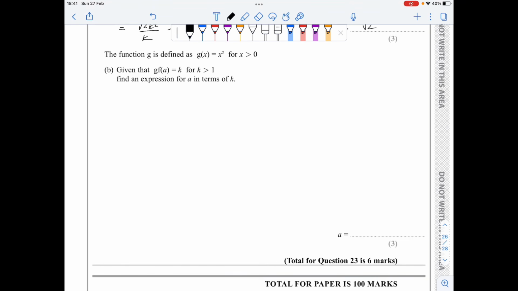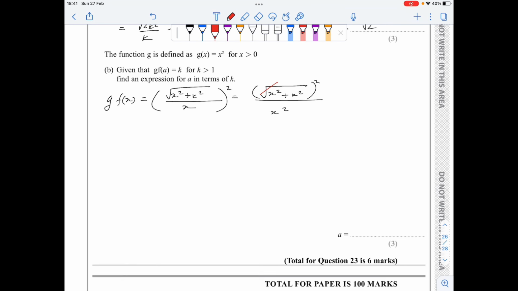Let's start part B by finding the composite function gf of x. Now this is equal to square root of (x squared plus k squared) over x squared. Let's split the numerator and denominator. So I get the square root of (x squared plus k squared) all squared over x squared. This square with the square root will cancel out.